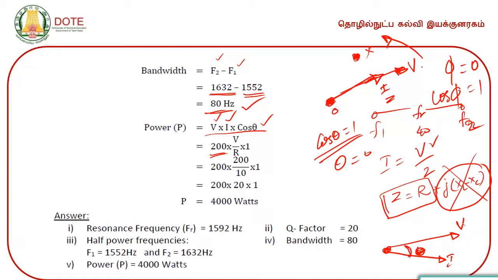If it is a pure inductance, then this is V, and I will be exactly 90 degrees lagging the voltage if it is a pure inductor.